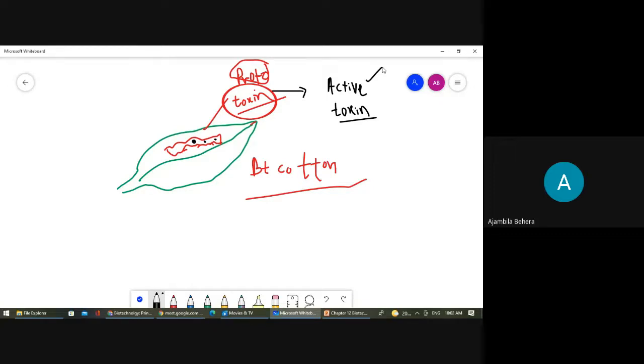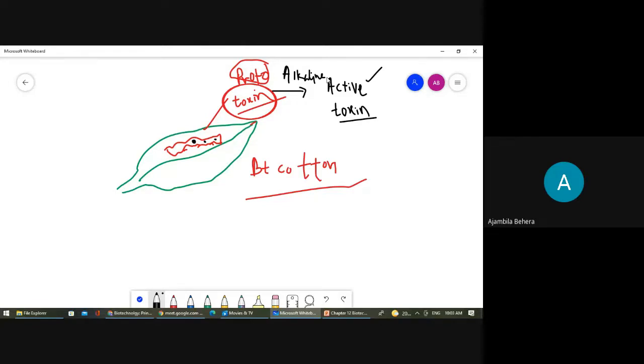What makes this activation of the prototoxin, the inactive toxin, into the active toxin? Alkaline pH. Alkaline medium. Yes, very good. So it is because of the alkaline medium at the midgut, your alkaline pH, that the prototoxin or inactive toxin is converted into the active toxin.